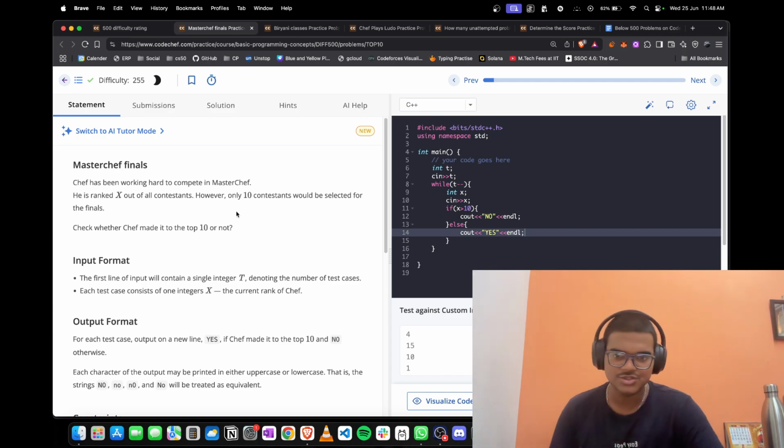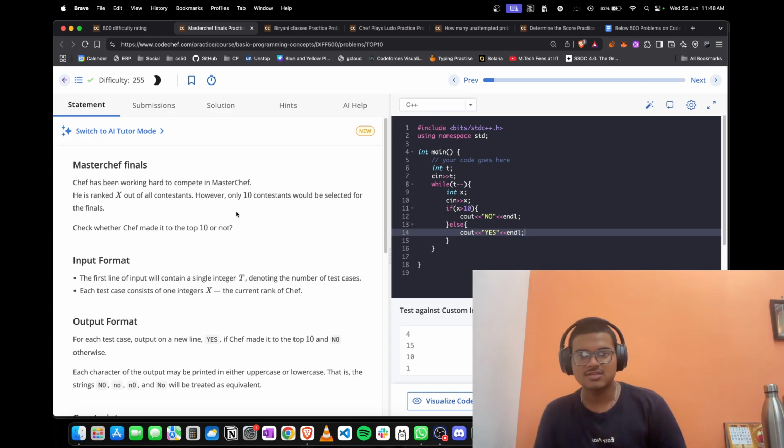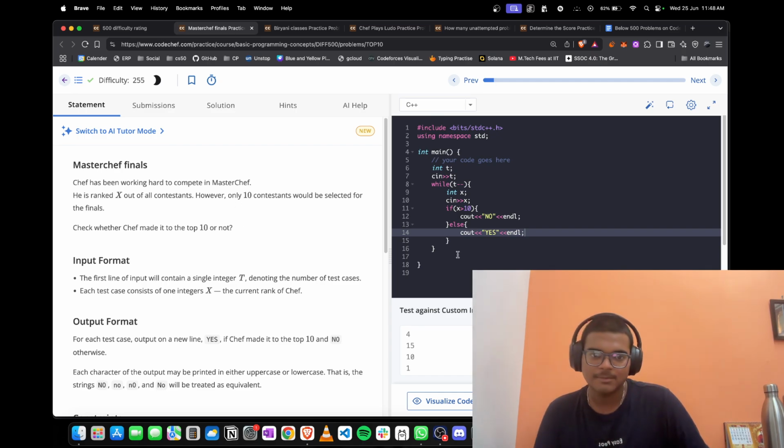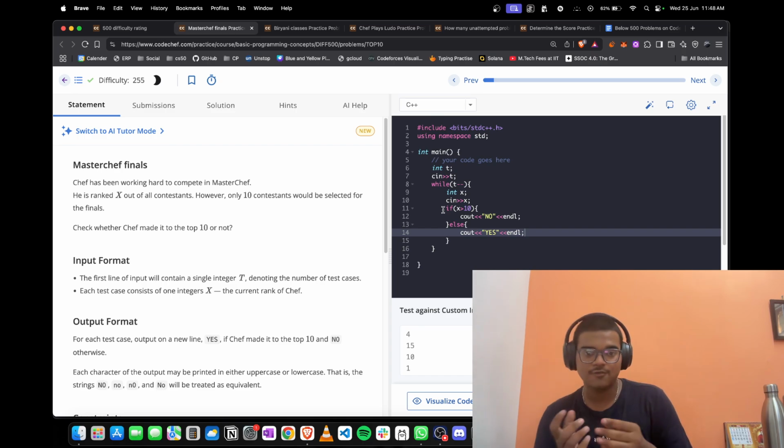X is the current position of chef in the competition, and if he wants to get selected for the finals, then his rank must be less than 10. So we made an if condition where if X is greater than 10, then the output will be no, that he's not selected. If this condition is false, then the output will be yes, that he is selected. So yeah, this problem is solved.